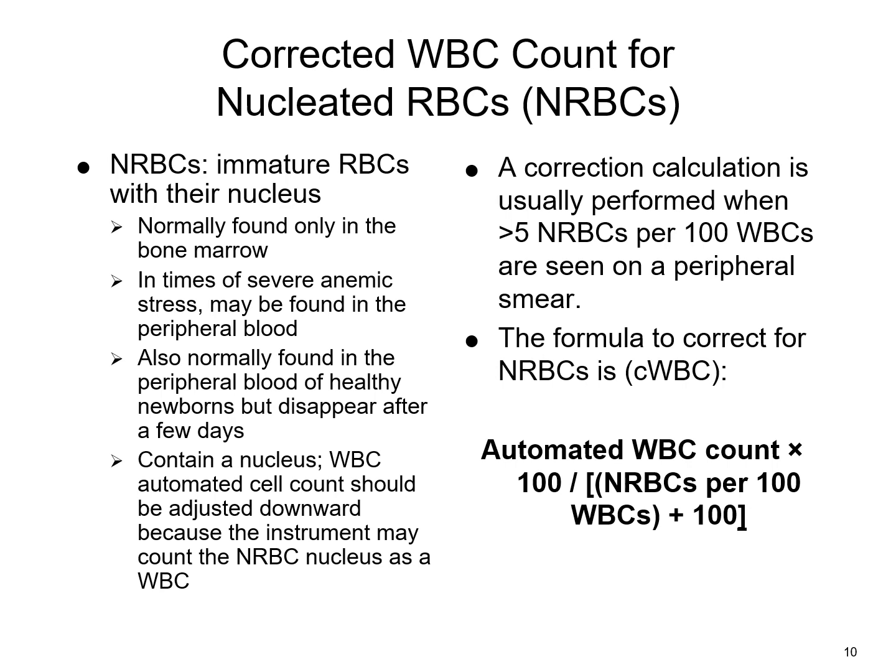A lot of your analyzers today will actually do this calculation for you. It will put that corrected count on your printout, so you don't even have to do this anymore, but it is still possible that you may work at a facility that does not have an analyzer with this capability, so you may still need to do this calculation on your own.